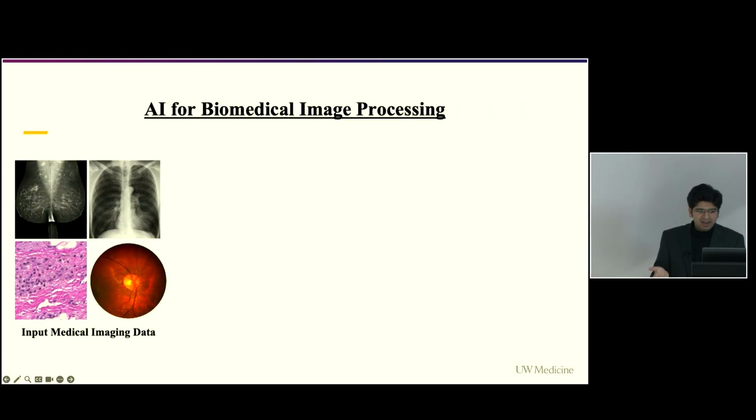So, for a standard biomedical image processing application, we can have all sorts of medical imaging data, like mammograms for breast cancer screening, chest X-rays, histopathology images, retinal images. And our doctors may want to harness AI for biomedical imaging to essentially further biological discoveries and potentially inform clinical care.